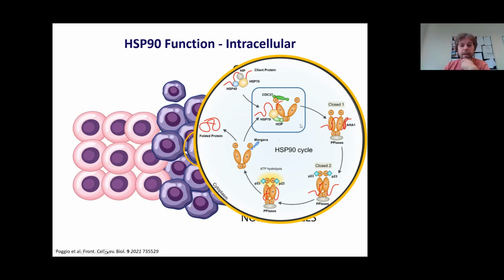So what happens in this HSP90 cycle is that heat shock protein 90, which is this diamond orange, forms a series of protein-protein interactions with the co-chaperone Hop and HSP70, and it facilitates getting nascent proteins into the active conformation.